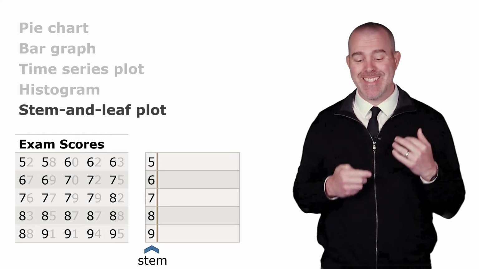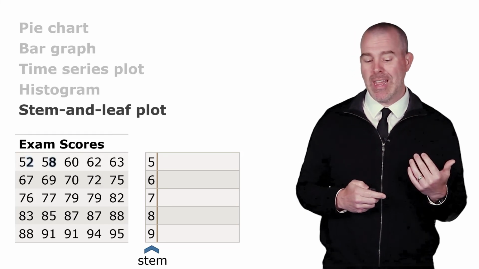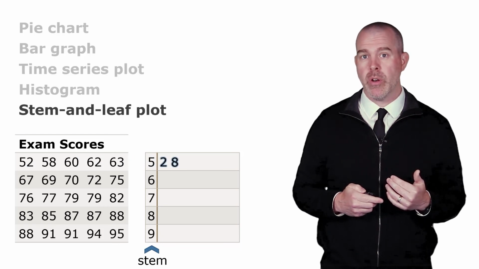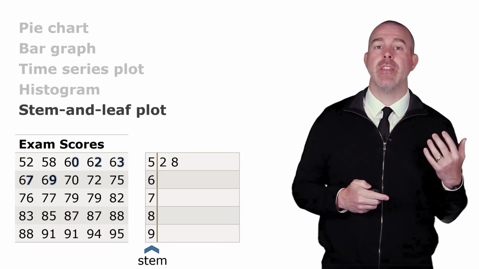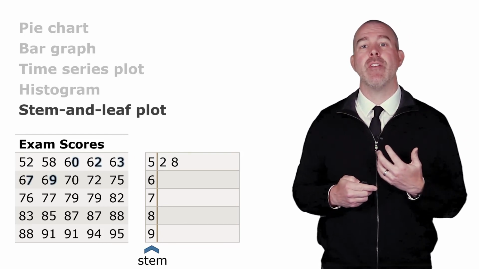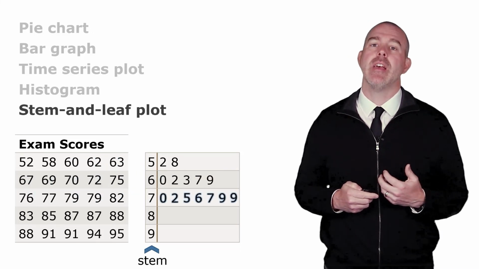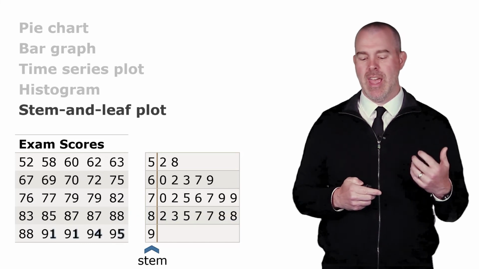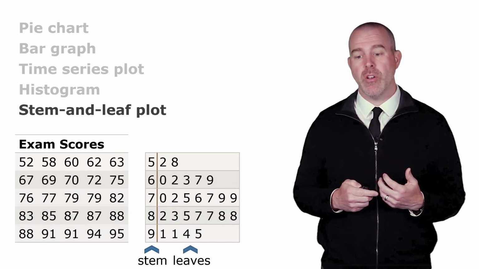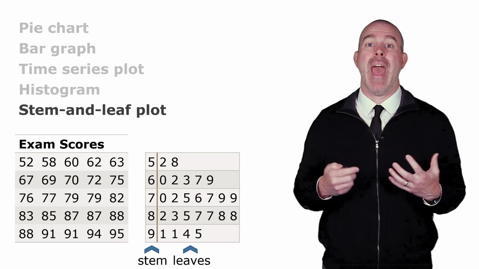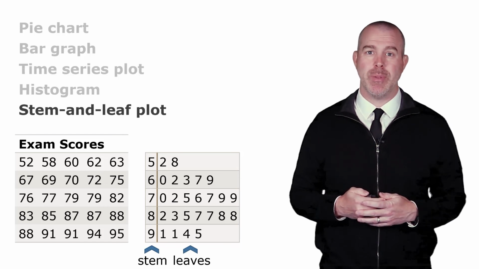Then we're going to grab the second digits, so like 2 and 8, and write those in order next to the 5. And then the 0, 2, 3, 7, and 9 for the 60, write those next to the 6. Same thing for the 7, the 8, and the 9. And those are going to be our leaves then, and that is a stem and leaf plot.